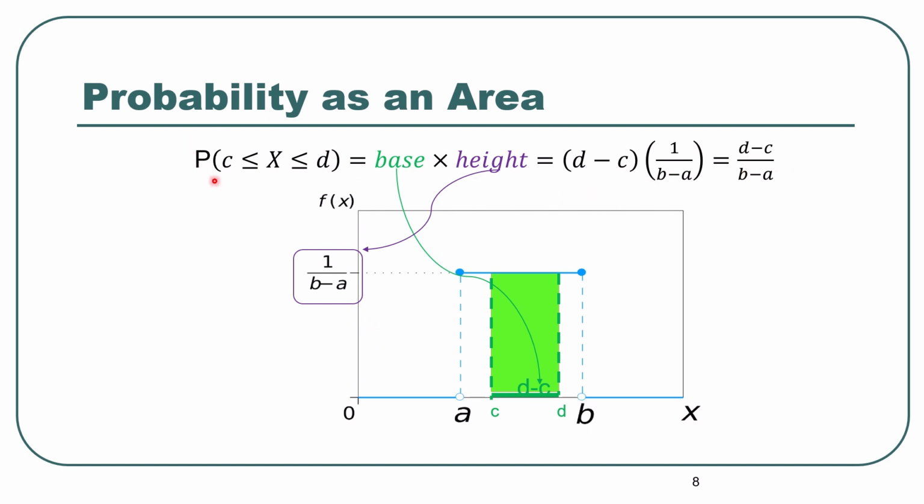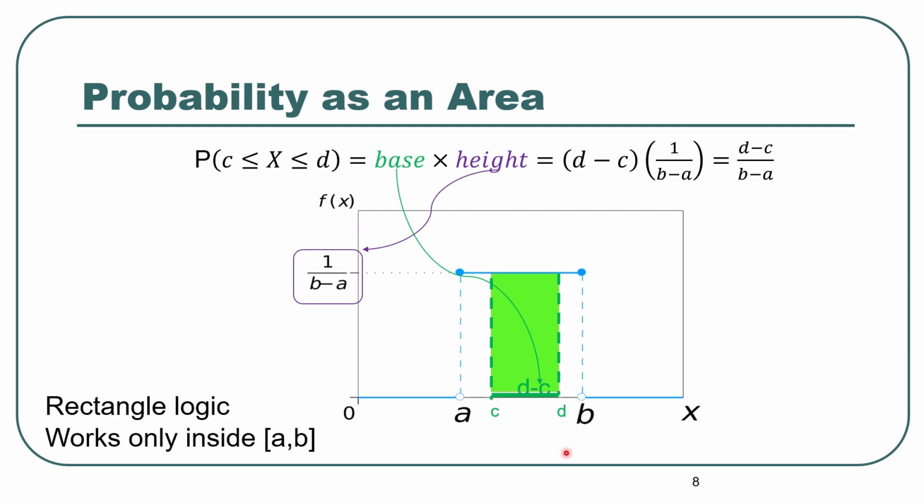So to calculate a probability for a continuous random variable between c and d, all you need to do is to calculate the interval length that you are interested in and divide it over b minus a, the total interval, or in another way, look at it as 1 over b minus a, which is the height of your rectangle.